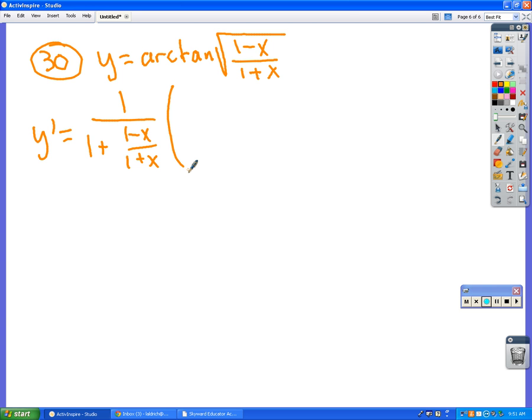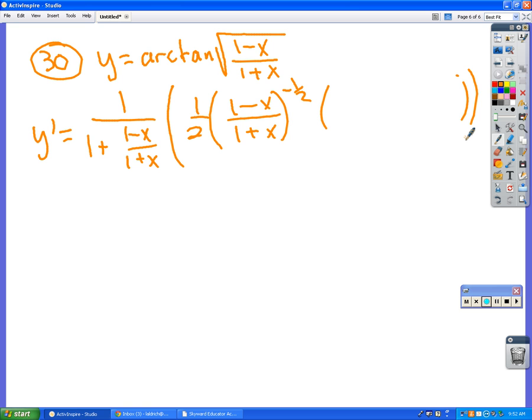Now I have to multiply this by the derivative of the square root of 1 minus x over 1 plus x. The first thing I have to do is the exponent with the square root, and I have to multiply all that by the quotient rule.